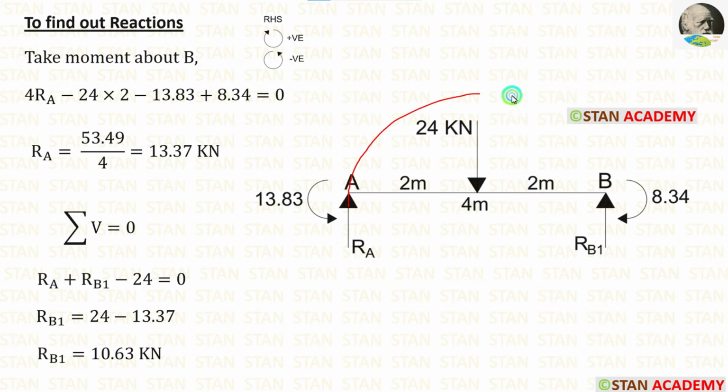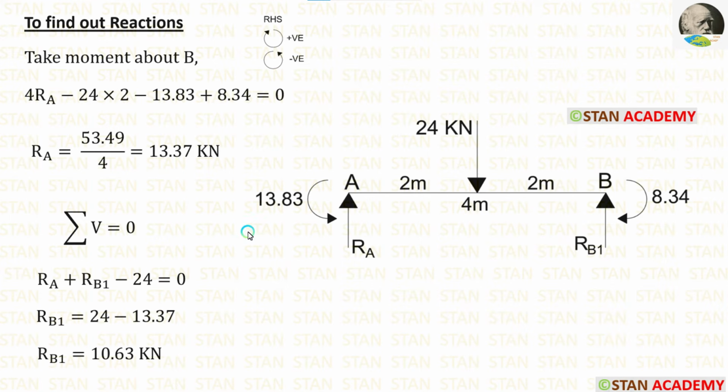The vertical reaction RA is acting towards the point B in the clockwise direction, so it will be positive and the distance is 4. So 4 RA. The point load is acting towards the point B in the anticlockwise direction, so it will be negative and the distance is 2 meter, so minus 24 into 2.